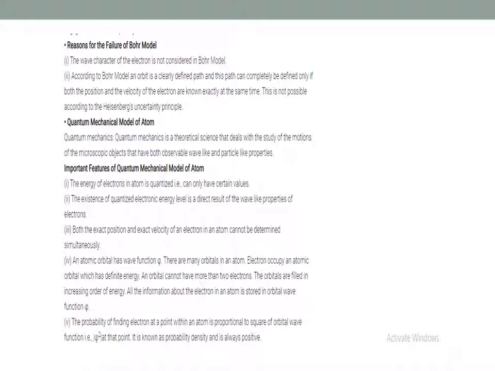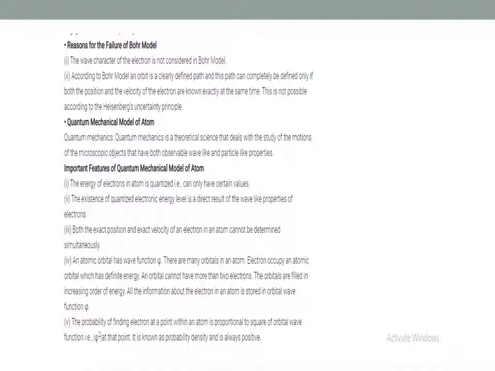Now, coming to important features of quantum mechanical model. The energy of electrons in atom is quantized. The existence of quantized electronic energy level is a direct result of wave-like properties of electrons. Both the exact position and exact velocity of an electron in an atom cannot be determined simultaneously.